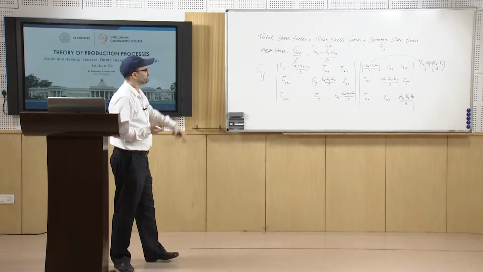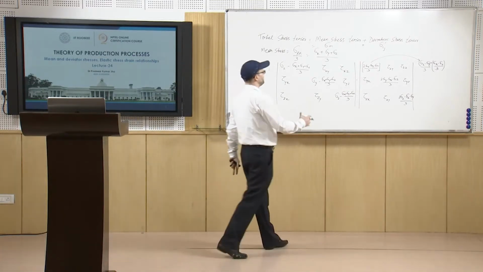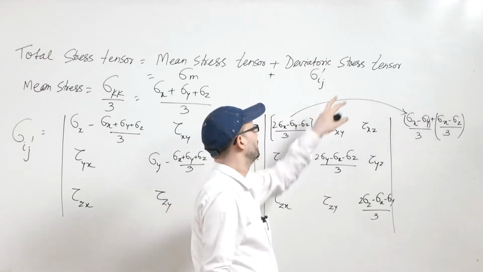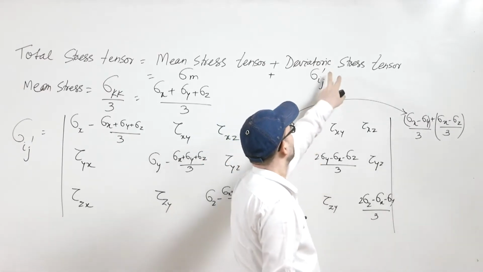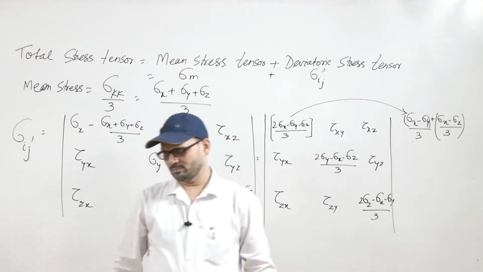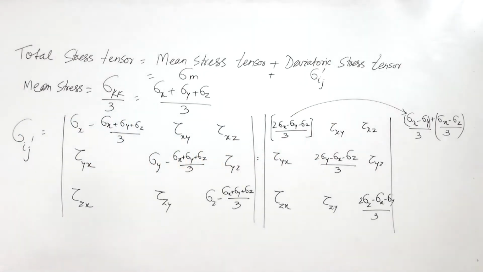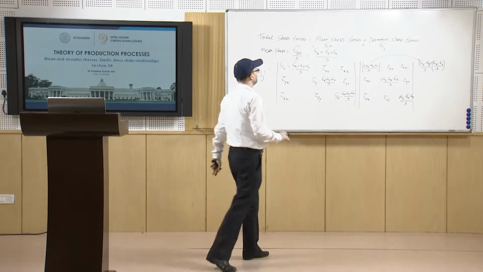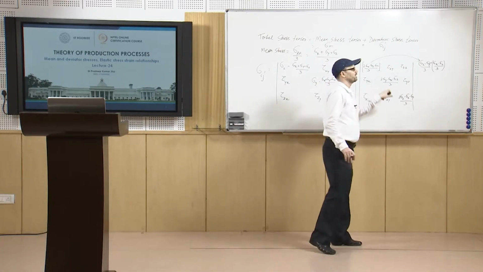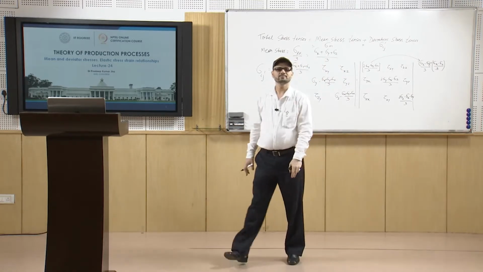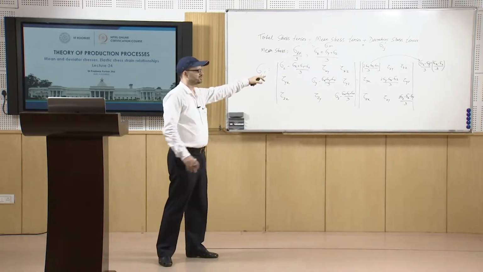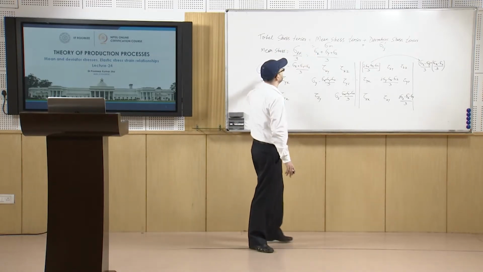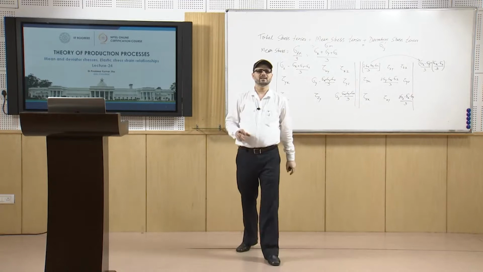So, altogether what we want to say is that this whole part is the deviatoric stress tensor, and this is basically all the shear part which is responsible for the plastic deformation, that is taken care of by this component of the stress. So, you have two stress components, the mean stress tensor and the deviatoric stress tensor.